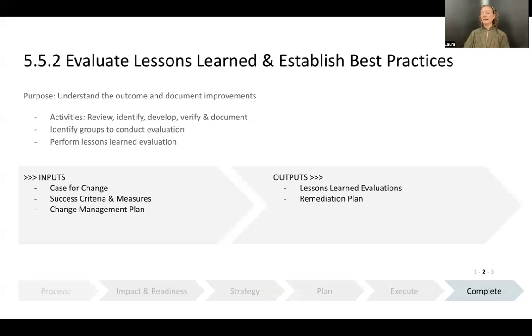The activities of a lessons learned evaluation are to review change management activities and documents, identify and recognize positive outcomes and opportunities for improvement, develop a remediation plan for change management activities to address key issues, verify and document actions for future projects, and lastly, document lessons learned in a knowledge management database or common document storage location for sharing with other change management practitioners.